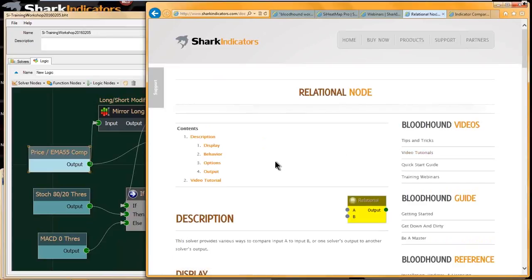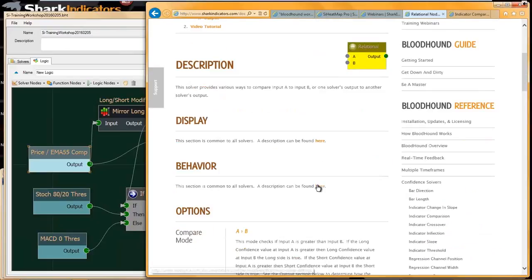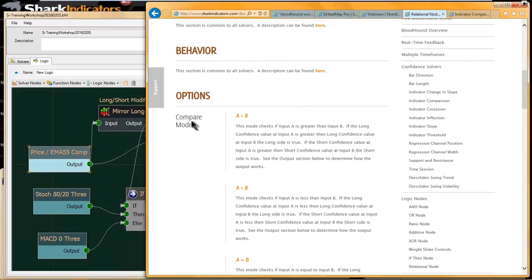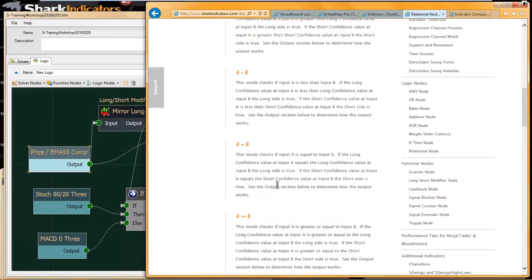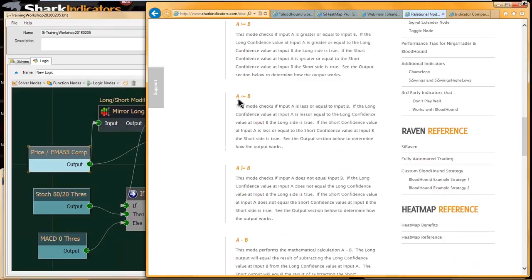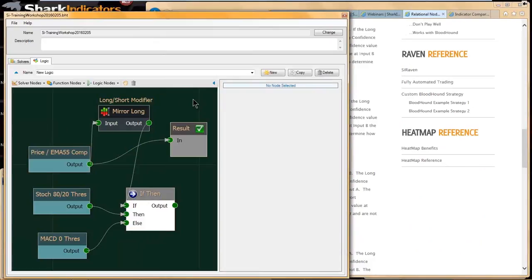With the relational node, it does some simple comparisons between input A and input B, and there's a huge list of different comparisons. Is A greater than B? Is A less than B? Does A equal B? Is A not equal to B? Is A less than or equal? Actually, sorry, let me put the solver up. It'll probably be easier to read that text.